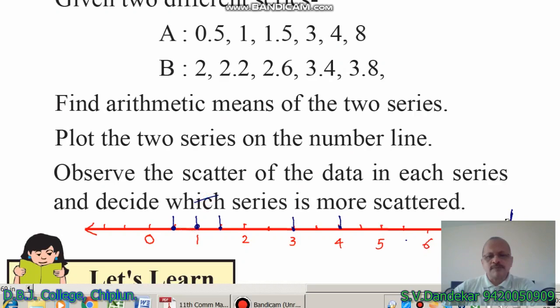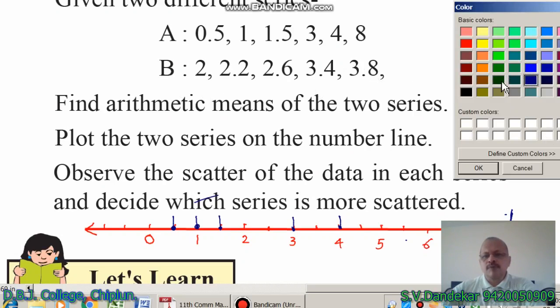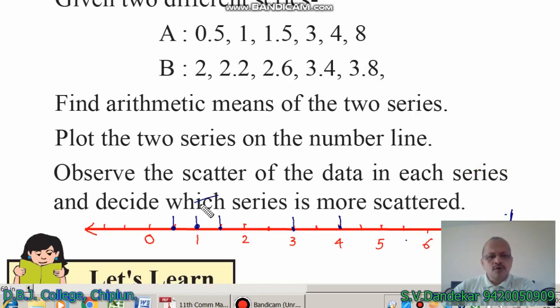So look here, the spread. This spread is from 0.5 to 8. Now look at the second series. Let us plot it with a different color, green color. 2, 2.2, 2.2 somewhere here. Then 2.6, 3.4, 3.8.